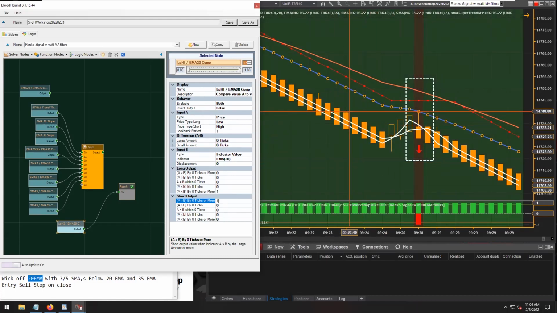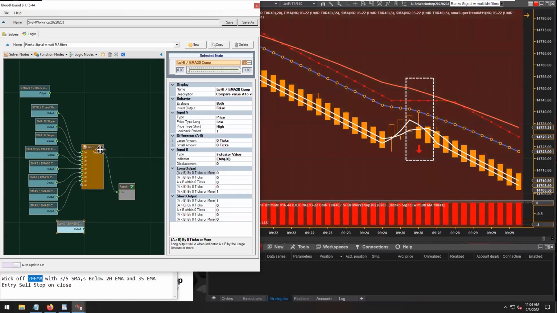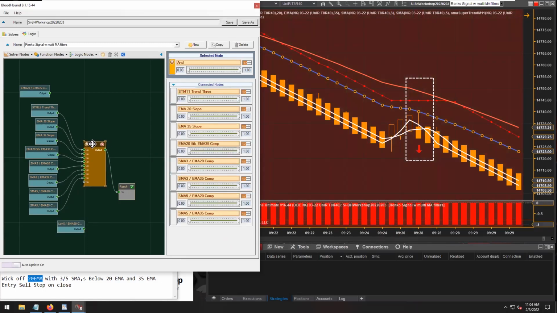Of course, when we're in a downtrend, the low of the bar is always going to be below the EMA 20, so we're always going to get a long output. But again, remember that doesn't matter that we're getting a long output, because our AND node with the trend filtering is going to strip out that long output there.